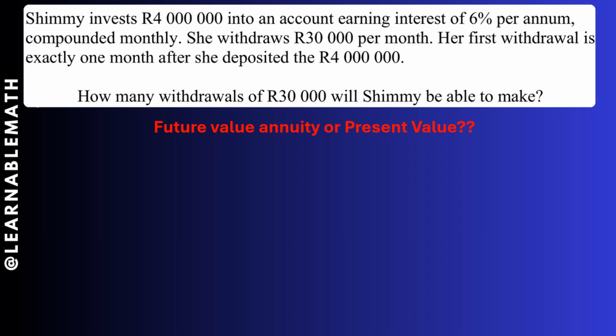Another case is just like this question. For example, after retirement, where you work they say, okay, you have a 10 million retirement amount, but we won't give you the 10 million once off. We can give you every month a certain amount, maybe 20,000 every month.